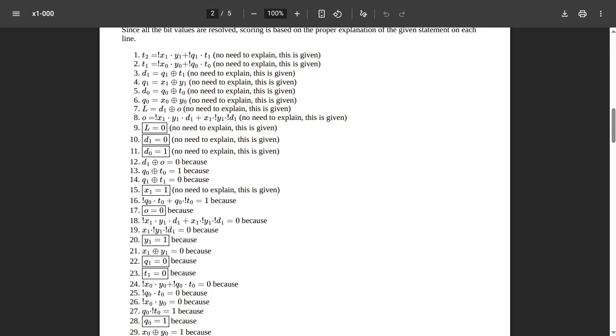And then we get to 27. 27 has to do with the exclusive OR between Q0 and T0. I'm using the mouse cursor on 27, so I can use my hand to refer to the thing that has the exclusive OR between Q0 and T0.